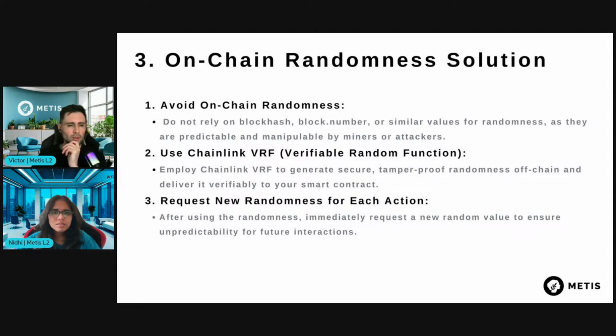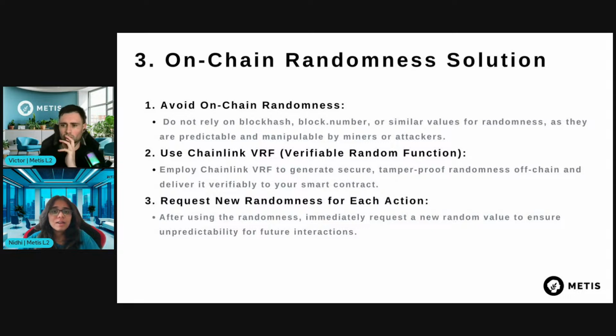So these are the solutions that avoid on-chain randomness. Simply put, do not use values like block.number, block hash, or block timestamp to generate randomness. These are predictable and manipulable, as we just discussed. Instead, we use Chainlink VRF, verifiable random functions.